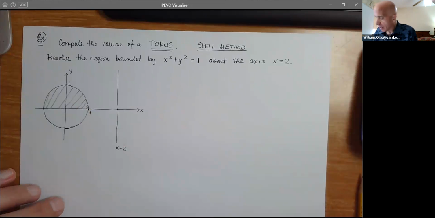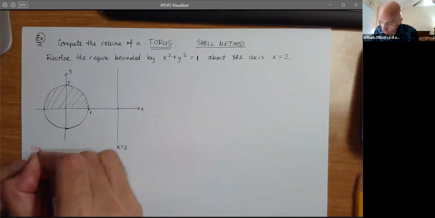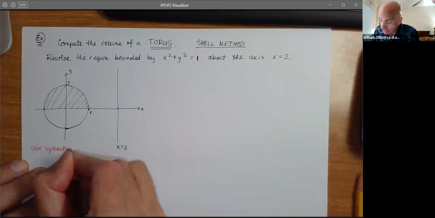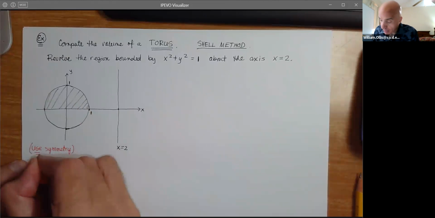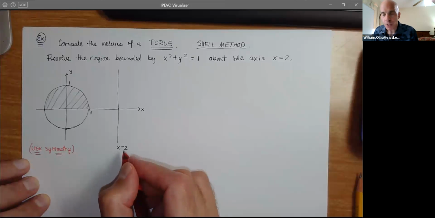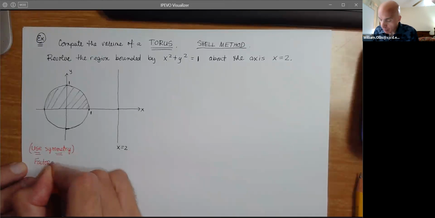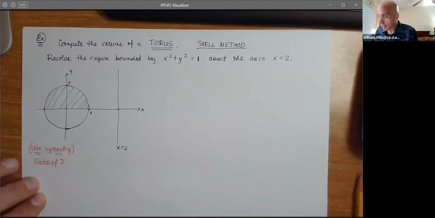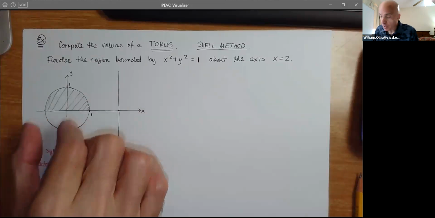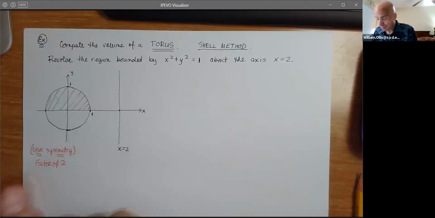So again, what we're going to do is use symmetry. This is only to make the calculation easier, but you can't use symmetry and not remember the factor of 2. So I'm just going to write here factor of 2. If we revolve this portion, that will give us the same volume as revolving the lower portion, to make the problem easier.